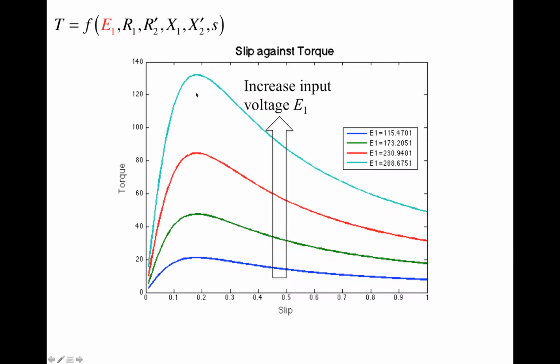The peak stays at the same location, but the amplitude of the peak, the size of the torque, is going to increase with increasing voltage. The same is also true for the generating mode. When slip is negative, this observation also applies, so the amplitude of the back torque also increases with increasing voltage.